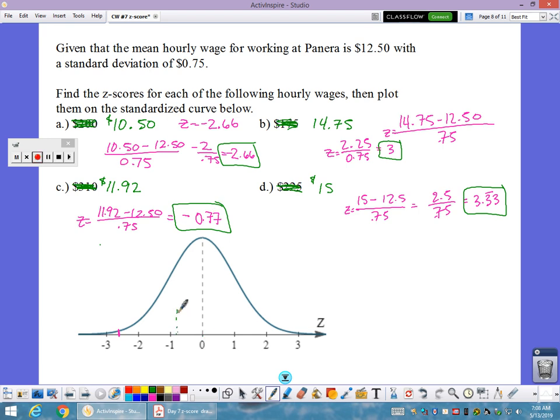So it's like 0.7. So I would say that one is here. I could figure out what percent is below, right? We want to keep thinking about what percent of the population is below me. All right, here 3, whoa, that is way up there, and 3.33, that is very unusual, would be somewhere over here, okay? So these are well above the mean and quite unusual.